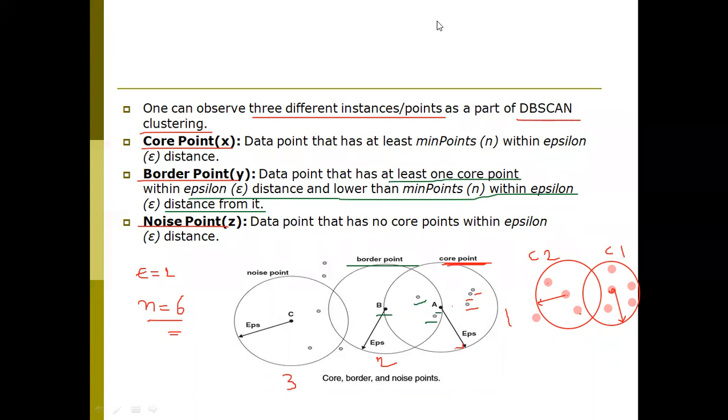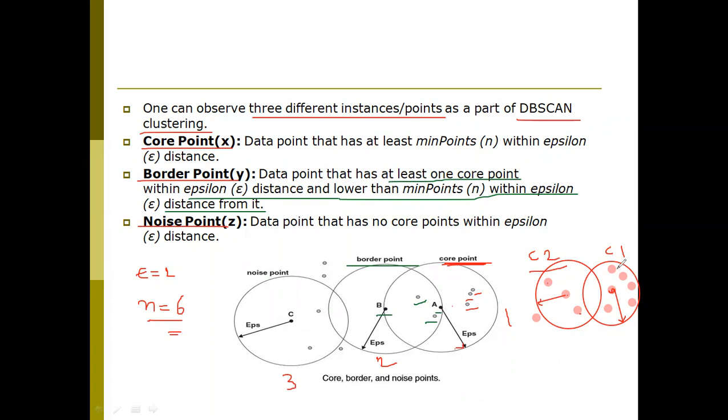Suppose now check it out. Is C2 a border cluster or not? Obviously, it's not a border cluster. Why? Because C2 doesn't have any core points within its radius, isn't it?